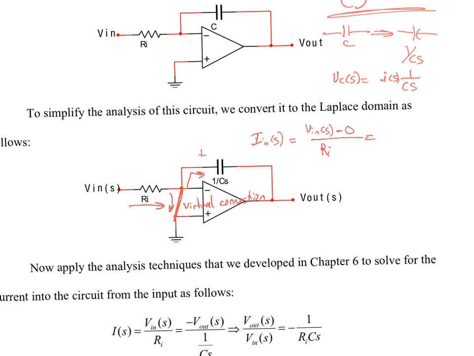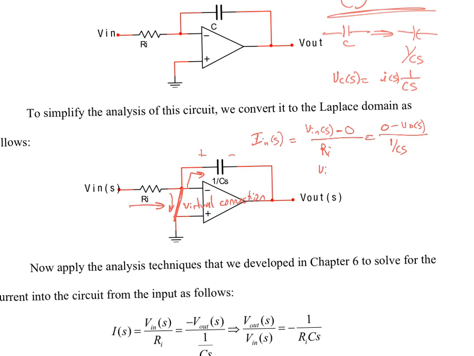What's the voltage drop across here? Is there a voltage drop? Sure is, right? 0 minus V out of s divided by the impedance of the capacitor, right? Correct?